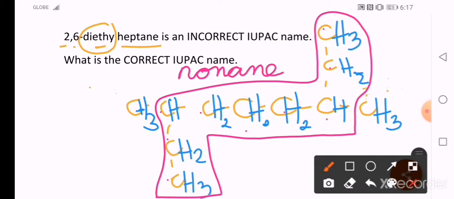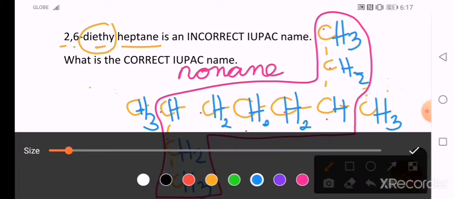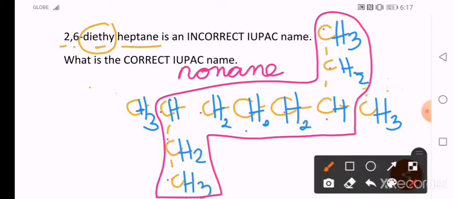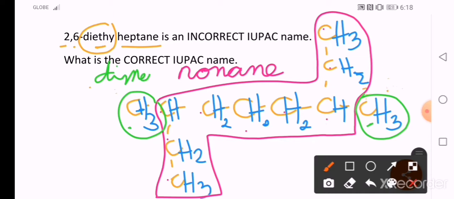Now, ano ang hindi na isama sa parent chain? So we have alkyl groups. The identity of these alkyl groups is methyl. Why methyl? Because it only contains 1 carbon atom. However, there are 2. So that would be named as dimethyl.